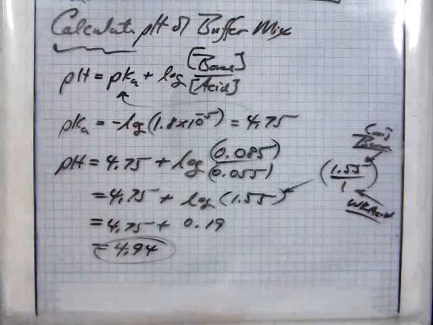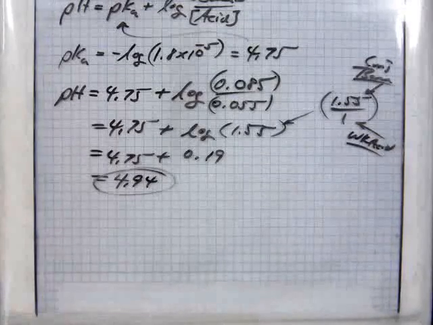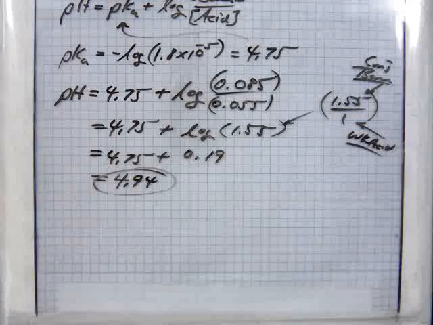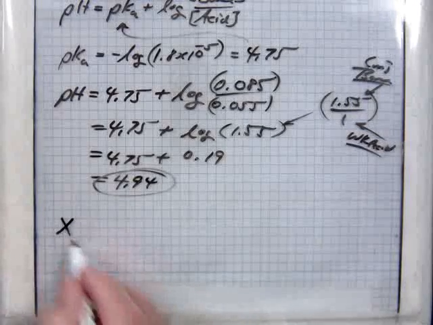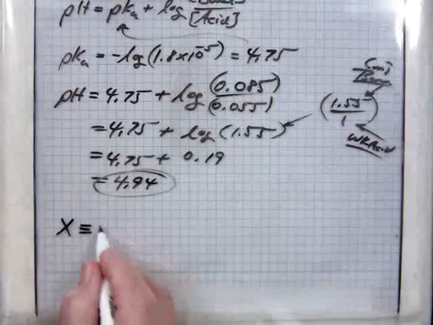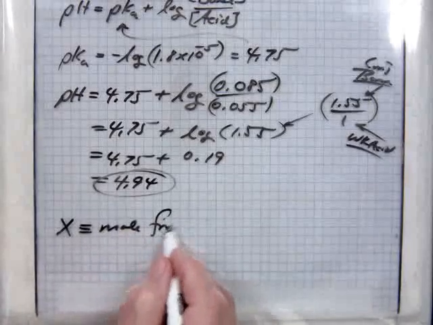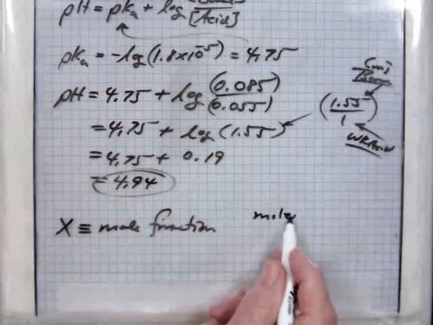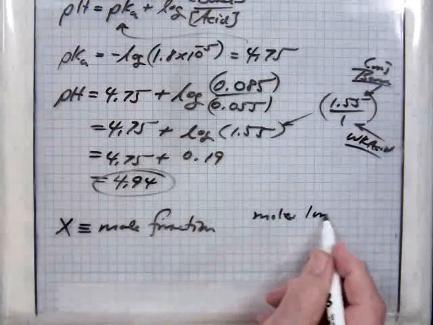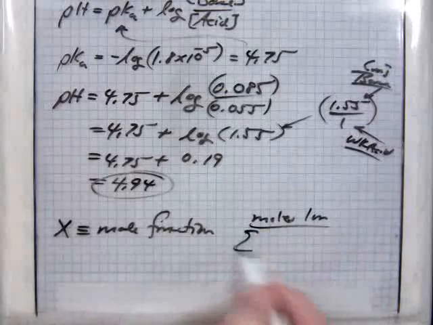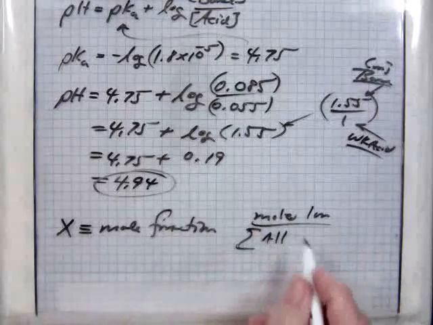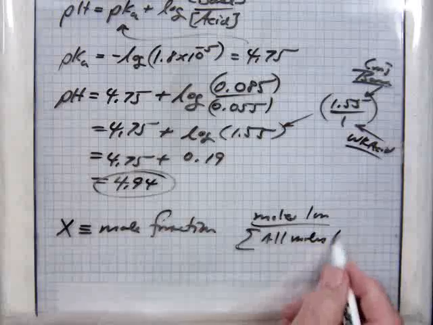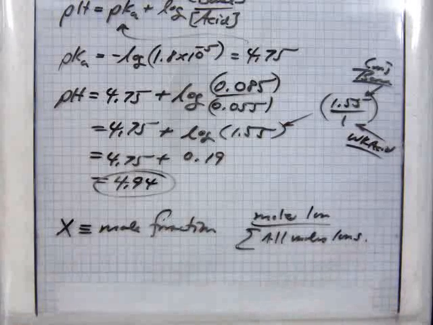What you can use that to calculate is the mole fraction of each component in the buffer. You remember mole fraction is the moles of ion, say, over the sum of all moles. And it comes out as a decimal fraction.